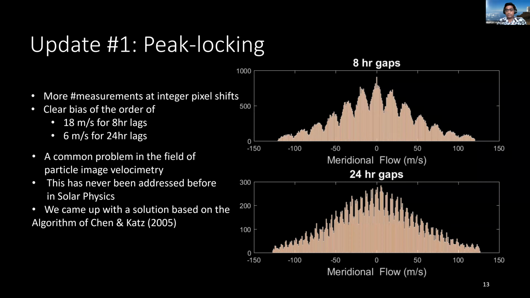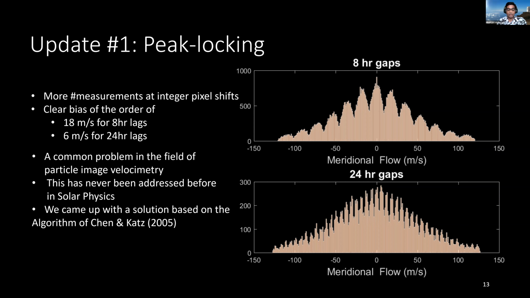This is an effect of resolution and how we detect the peak of the cross correlation coefficient by fitting a parabola or a Gaussian to that peak. And that peak is biased towards giving us more measurements at integer pixel shifts than at fractional pixel shifts.